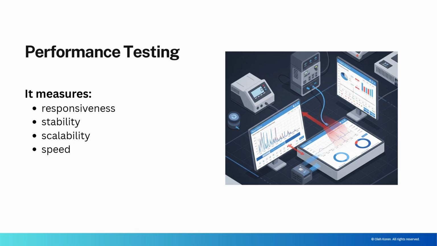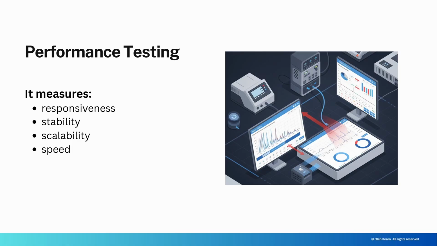We are asking questions like, when people use the system, how does it respond? Does it stay stable if traffic keeps coming for hours? Can it scale up when load grows, or does it collapse under pressure? And most importantly, how fast does it perform when all of this is happening?